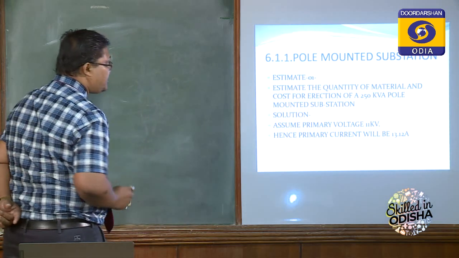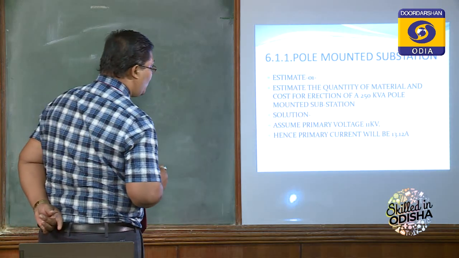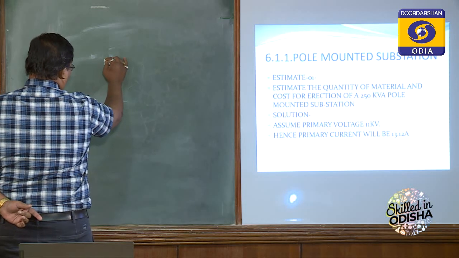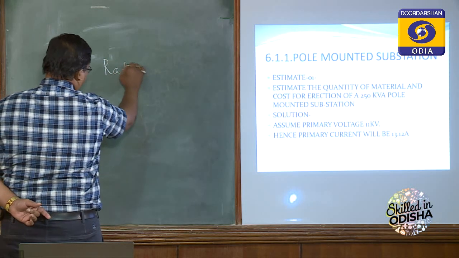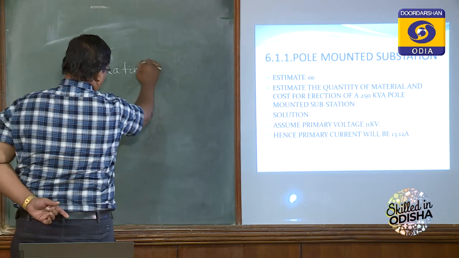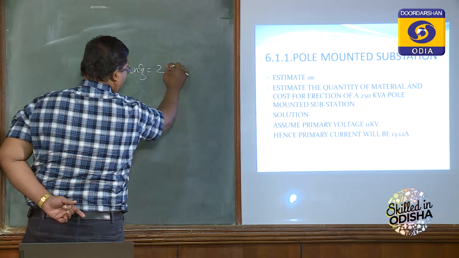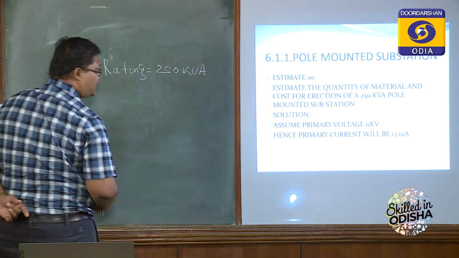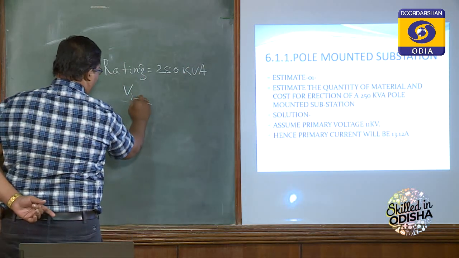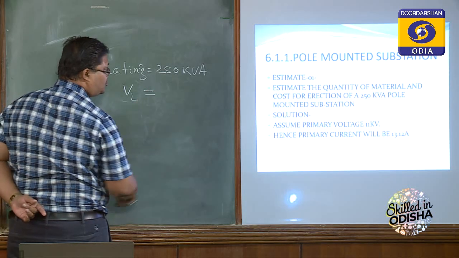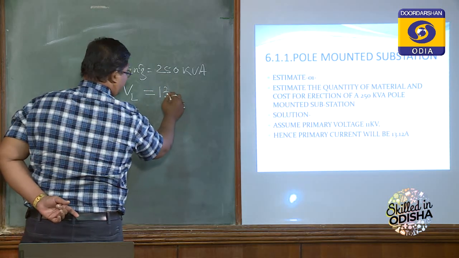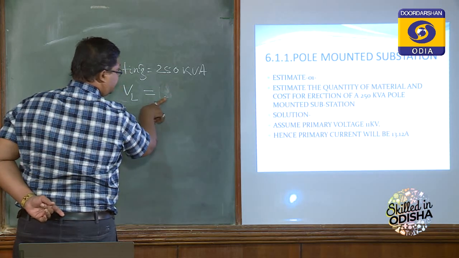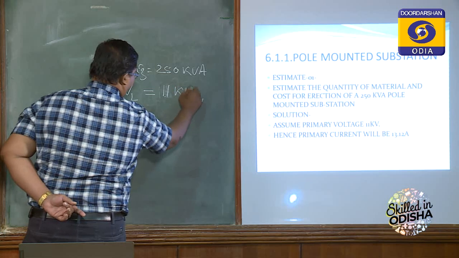Here a 250 kVA pole mounted substation is given. That is the power, the transformer rating is given, 250 kVA, that is kilovolt ampere, and the primary voltage, that is the line voltage, I have taken as 11 kV.